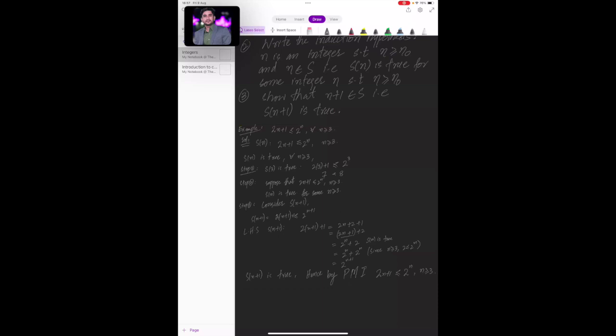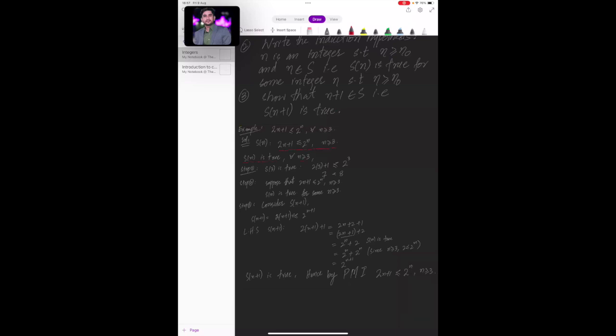So we have the statement S of n: 2n plus 1 is less than or equal to 2 power n for n greater than or equal to 3. We need to show that S of n is true for all n greater than or equal to 3.